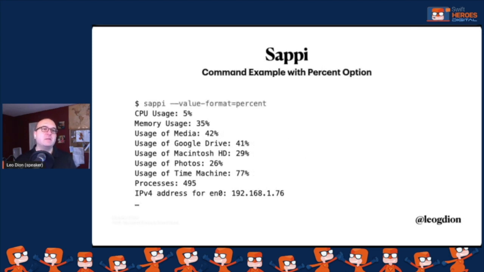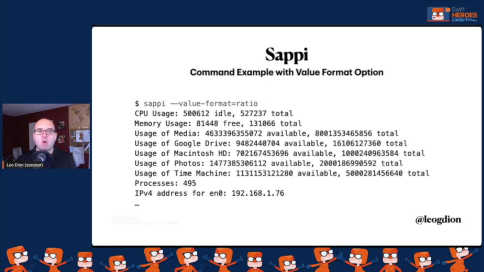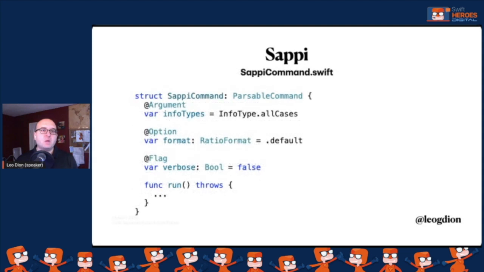So for instance, I could say I want the information all in percents, in the case of CPU usage and memory and disk, or I could say I just want a raw ratio of whatever form of measurement that specific device is measured in. And so here is how that Sappi command works. We have info types, so we can specify different info types. We have verbose, but I really want to talk about this ratio format, which is another example of an option.